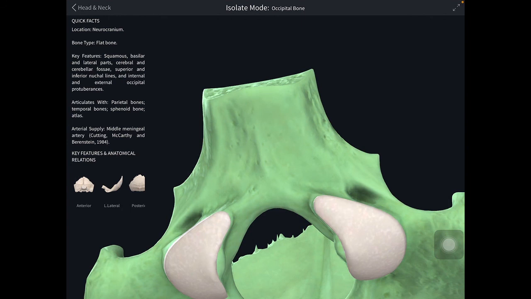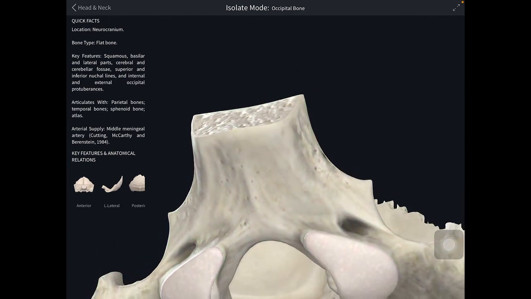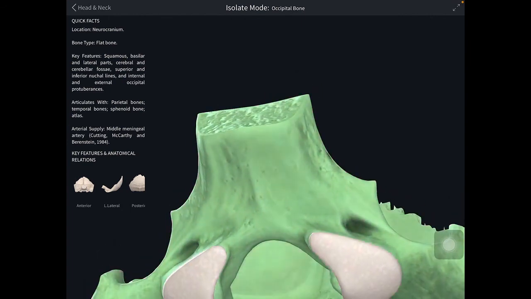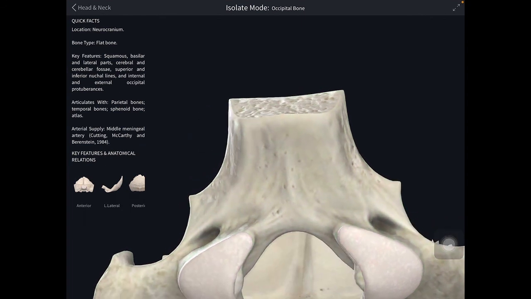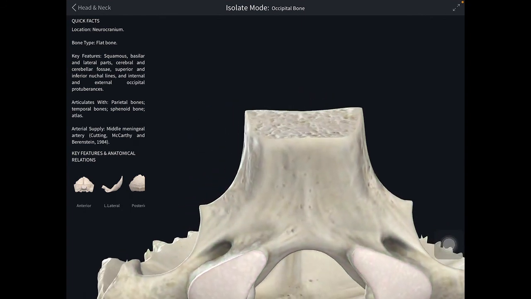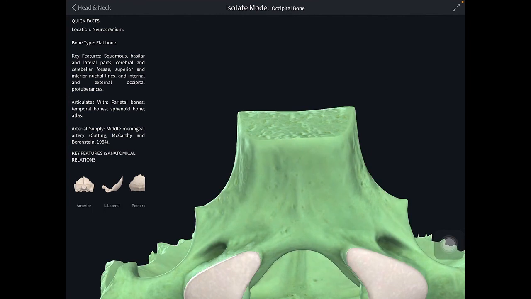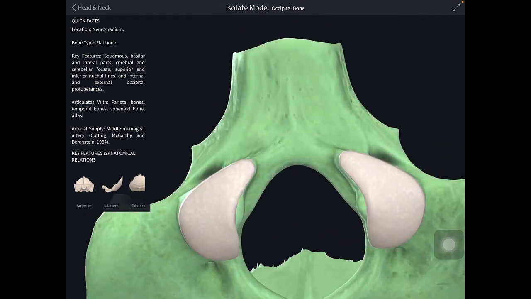Close to that you see the inferior surface provides insertion to the rectus capitis anterior in the depressed area. Are you seeing the depressed area? In front of the condyles, yes, this is the depression. That gives attachment to the rectus capitis anterior. The anterior margin of foramen magnum gives attachment to the anterior atlanto-occipital membrane, extending bilaterally from the pharyngeal tubercle.